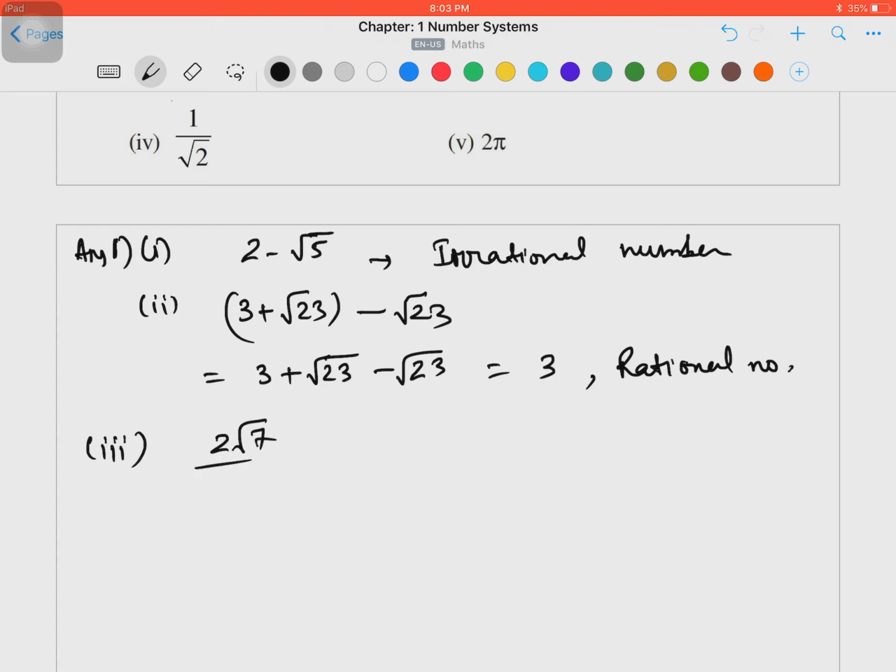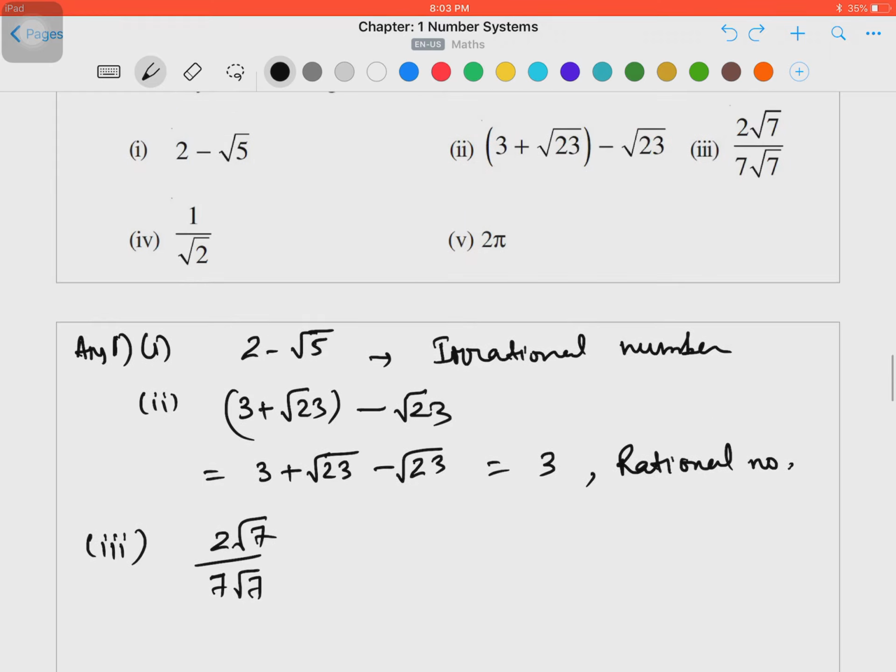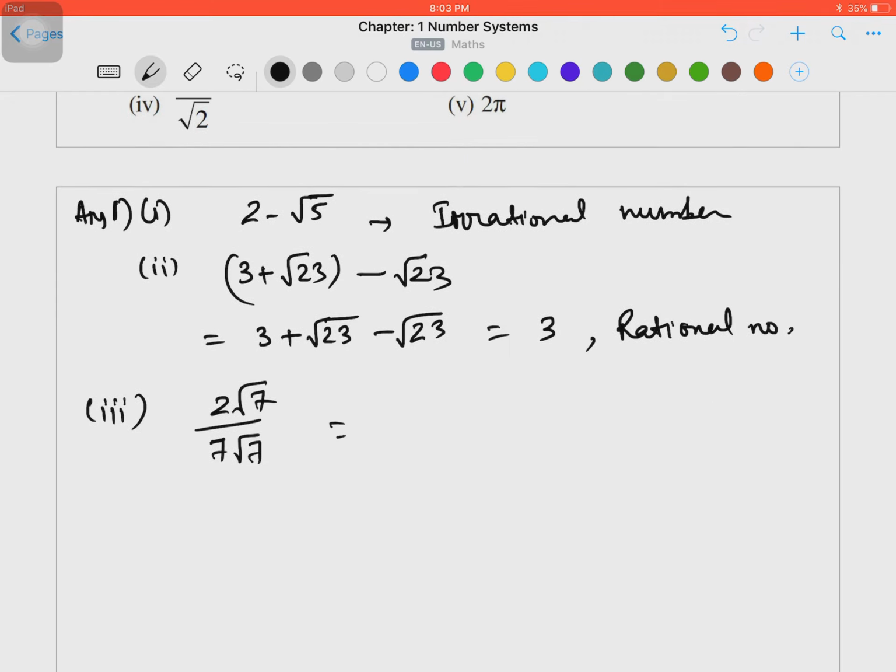In this case, root 7 and root 7 will be cancelled out, and the result will be 2 by 7. And 2 by 7 is a number in p by q form, so it's a rational number.